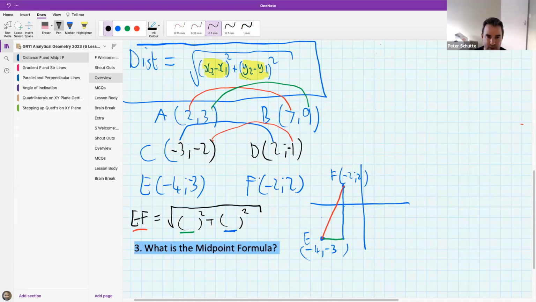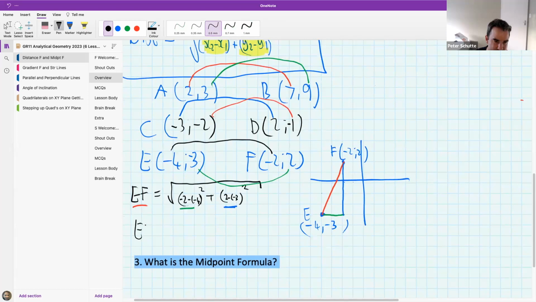So what do we have? We have -2. I like drawing lines. It helps me remember. So -2 minus -4. And then we have 2 minus -3. Move this down.